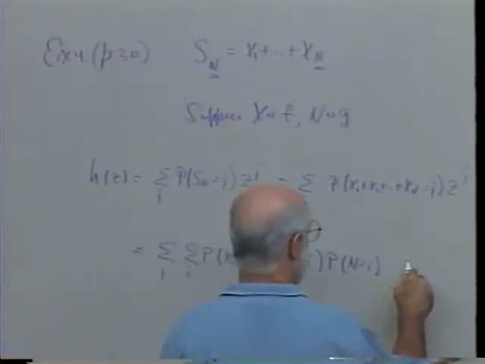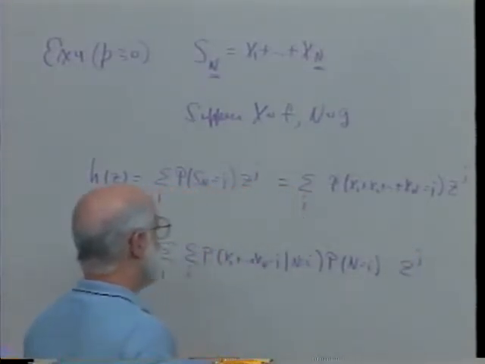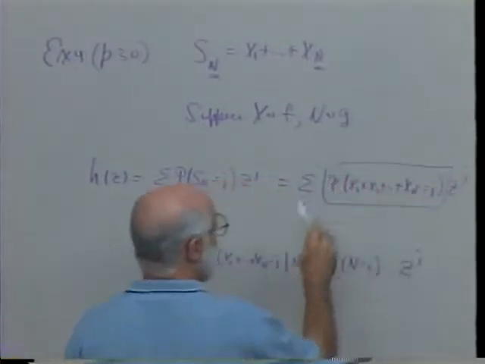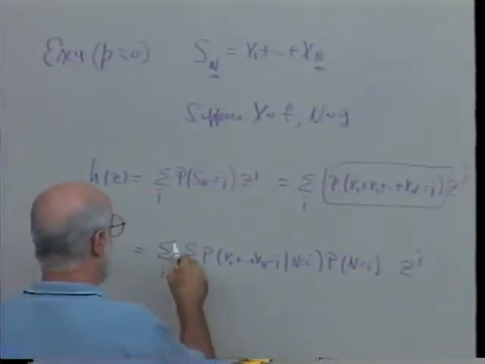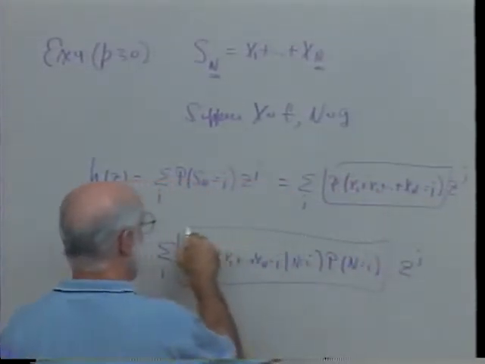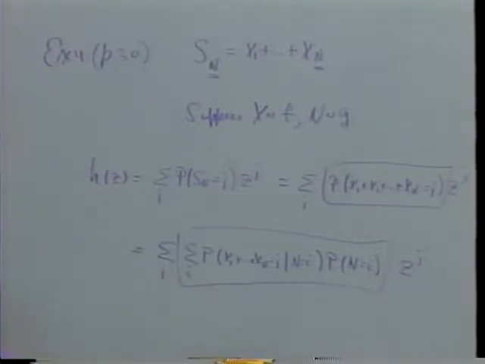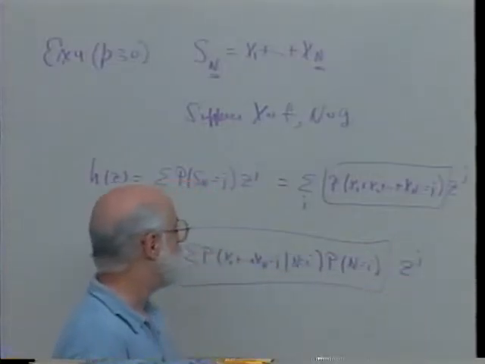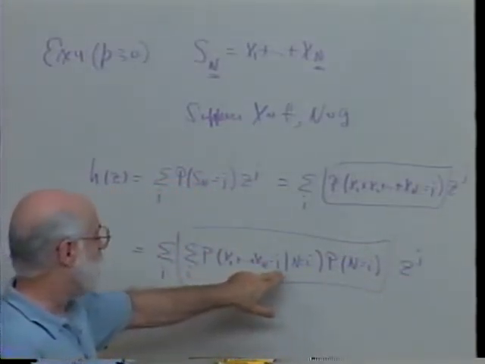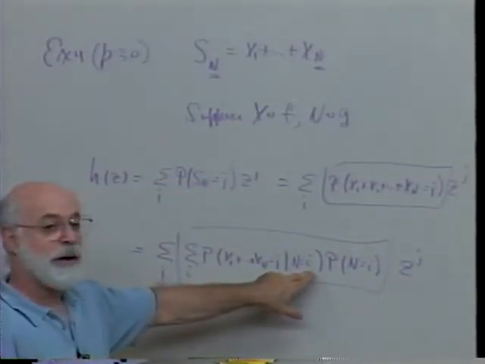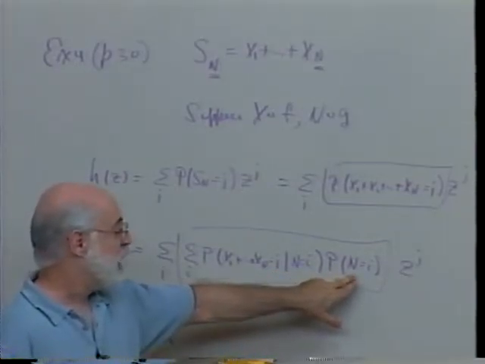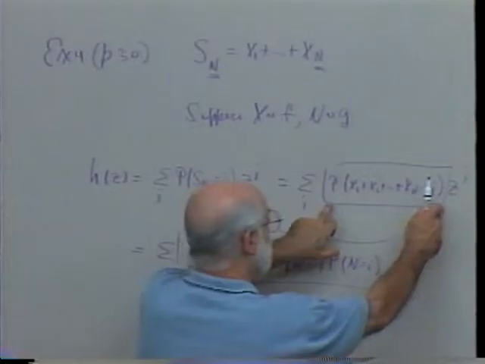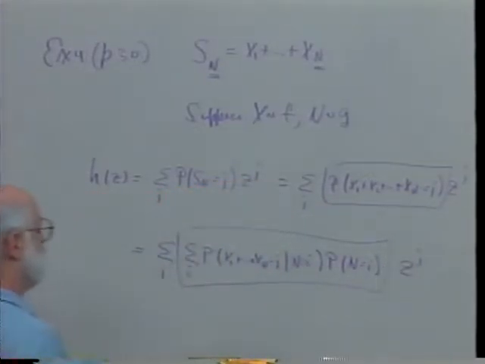And I still have my z to the j. So what I did was I replaced that probability by the sum of these conditional probabilities by the theorem of total probability. The probability that the sum of these N variables equals j is the probability the sum equals j if the number of variables is i times the probability the number of variables is i, summed over all i. So this piece is replaced by that.